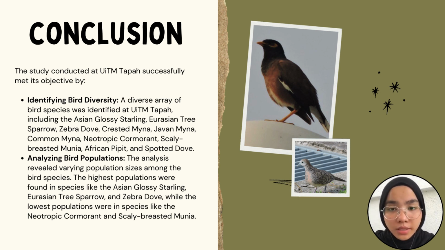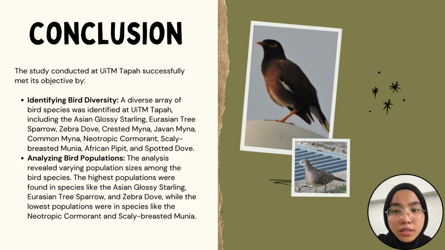Second, analyzing bird population. The analysis revealed varying population sizes among the bird species. The highest populations were found in species like the Asian glossy starling, Eurasian tree sparrow, and zebra dove, while the lowest populations were in species like Neotropic cormorant and scaly-breasted munia.